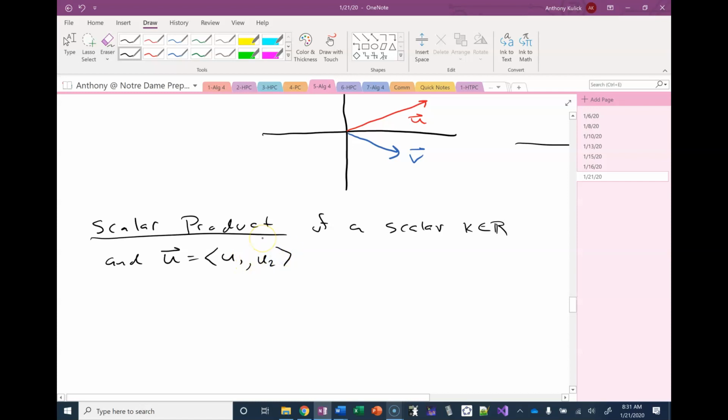So if I take a scalar and a vector, the scalar times the vector, well, that product is just going to be done component-wise. So I just multiply the scalar to each of the components of my vector.